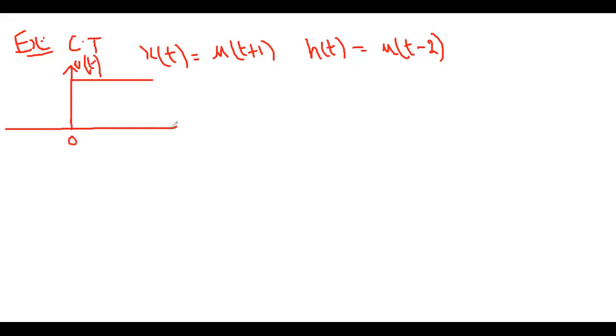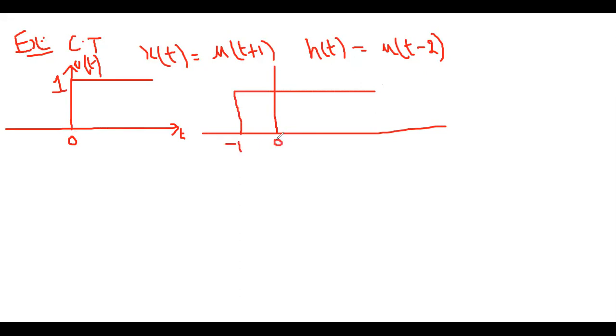It varies from 0 to infinity with the variable t, and the magnitude is 1. u of t plus 1 means an advanced function. It starts at minus 1, and the value varies with t.